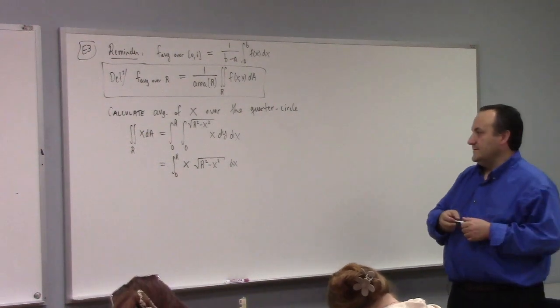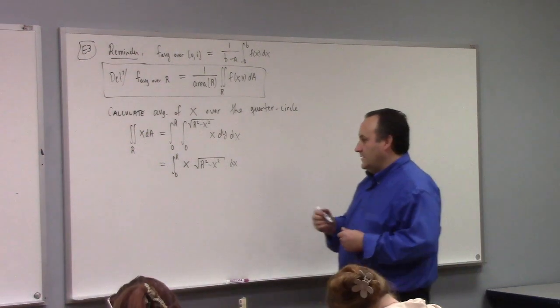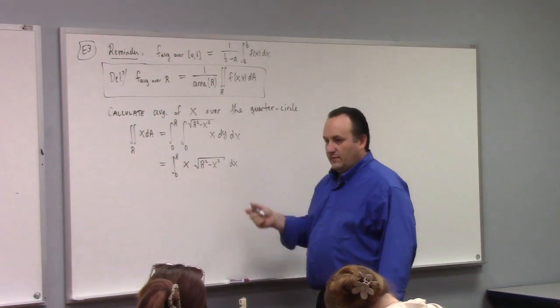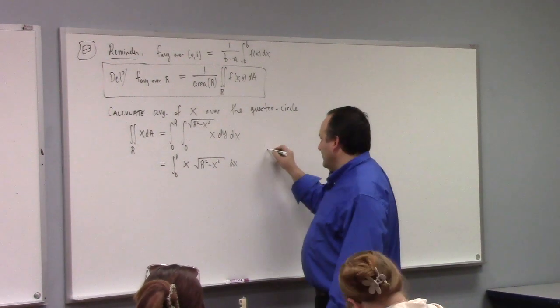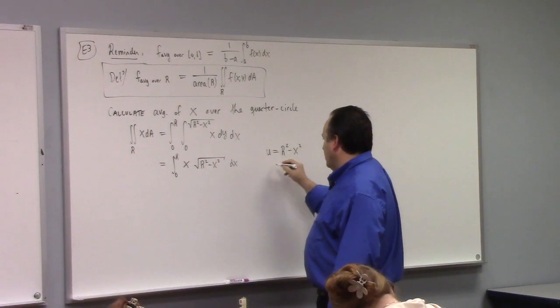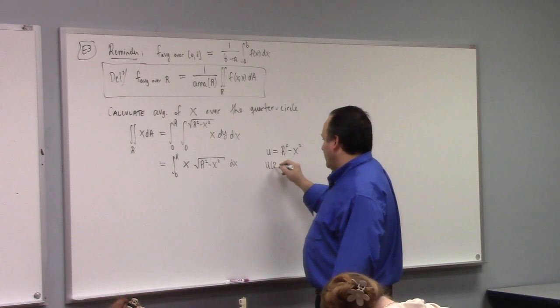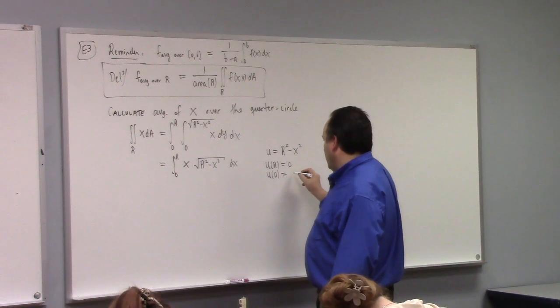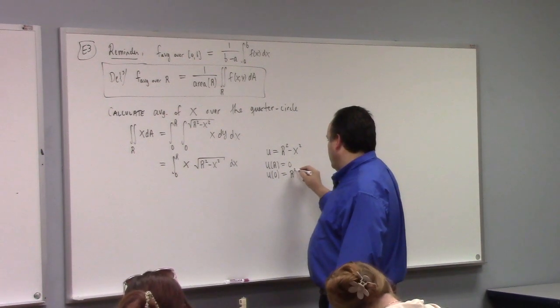Now, I can just make a u equals the inside of the square root substitution, right? So if I let u equal r squared minus x squared, then u of r is 0, u of 0 is r squared.